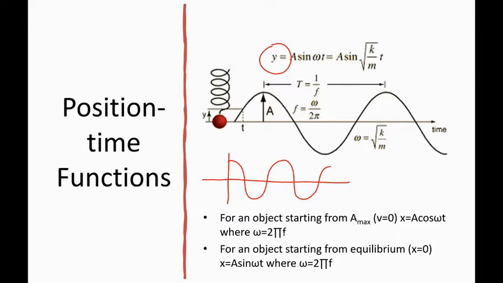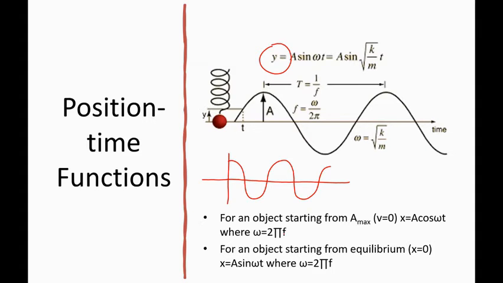We solved that in one of our more recent videos. If your object is starting from equilibrium, then you're going to use A sine omega t, where again omega is 2 pi times frequency. So that's how you're going to find the equation of your simple harmonic motion spring mass system.